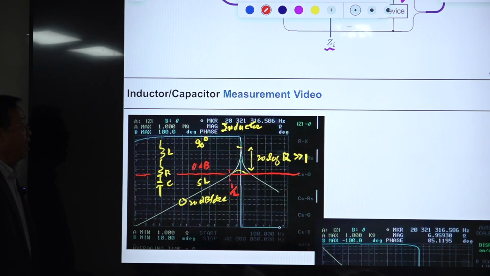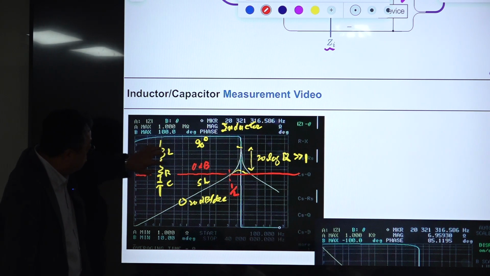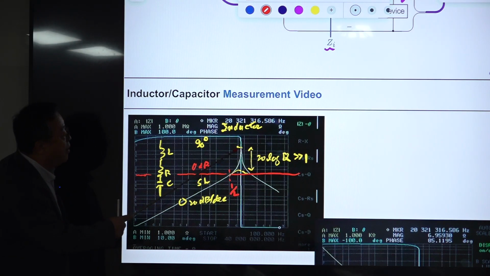Okay, and at this peak, what will happen? You have this reactance and this reactance; this is inductive and this is capacitive. At this frequency, they cancel each other. The impedance of this cancels with this, and the remaining value is what?